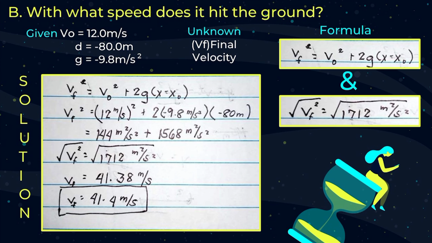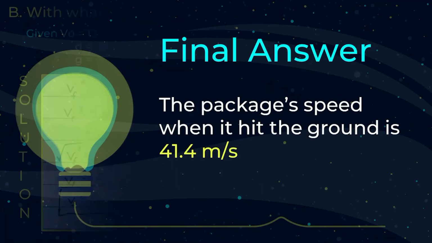We get 144 meters squared per second squared plus 1568 meters squared per second squared. Then we take the square root of it, which is the square root of 1712 meters squared per second squared. So our final answer is 41.4 meters per second.